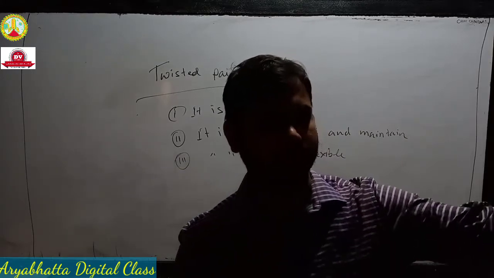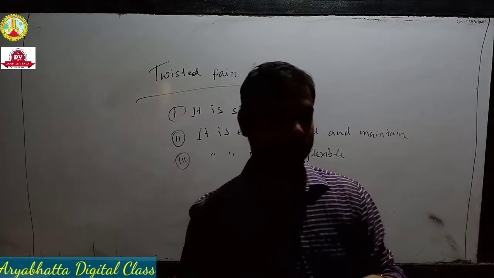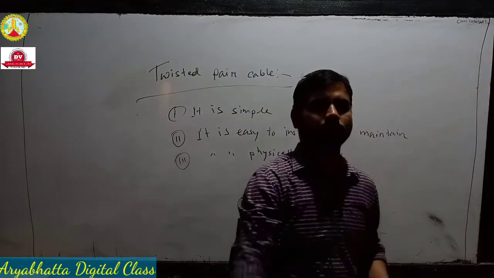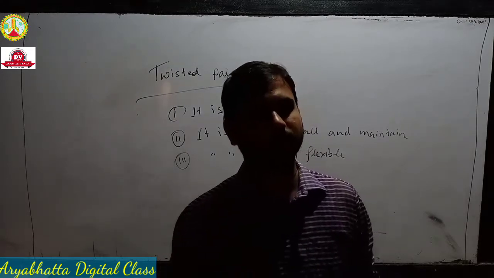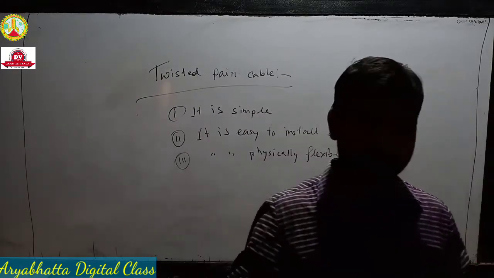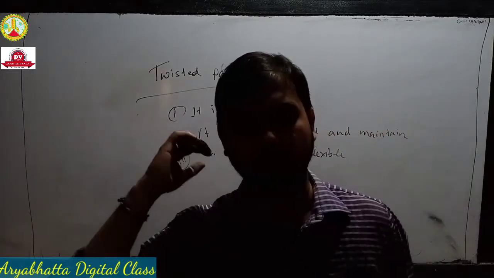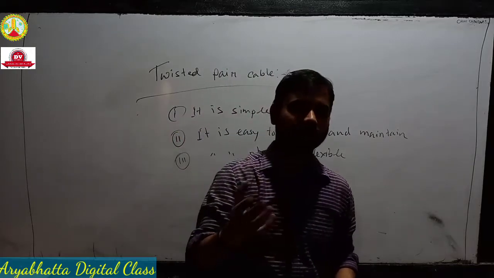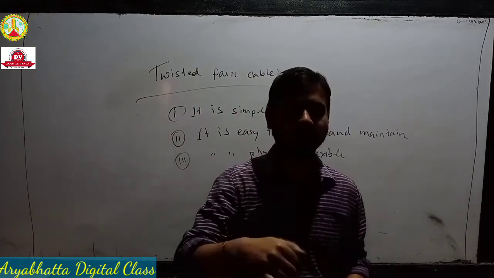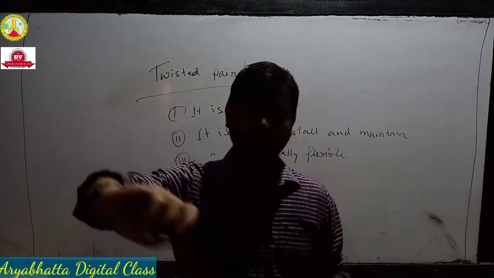For long distances using this cable, the data does not properly reach the destination. In telephone lines over a long distance, the receiver cannot hear your voice clearly, because this cable has high attenuation, high restriction. That is why the signal is not carried over a long distance.